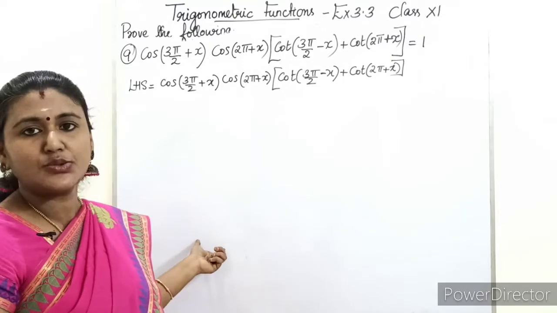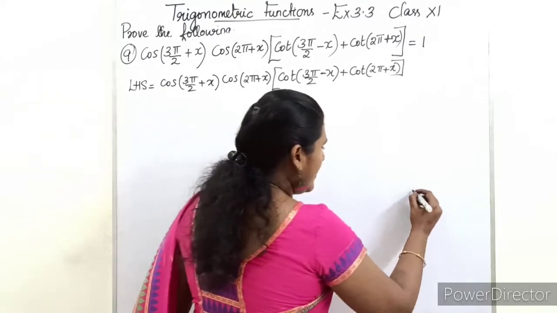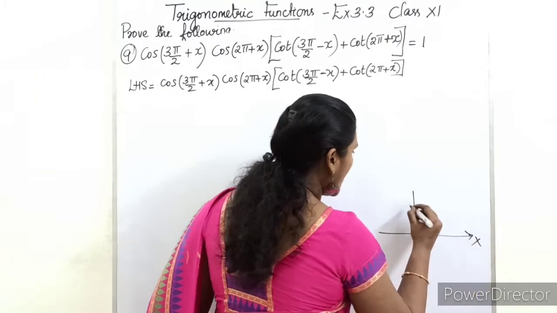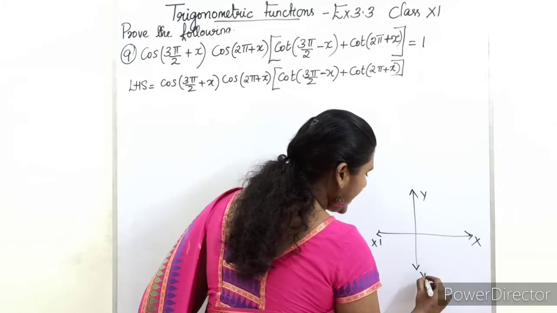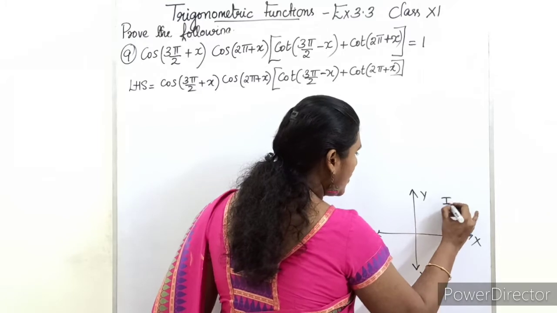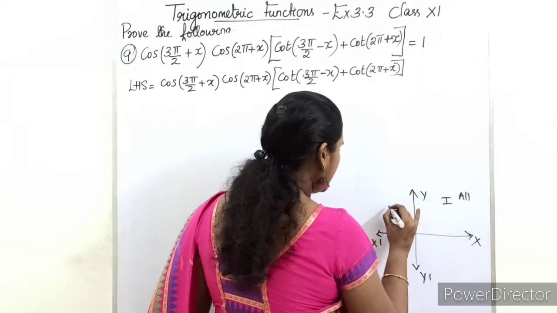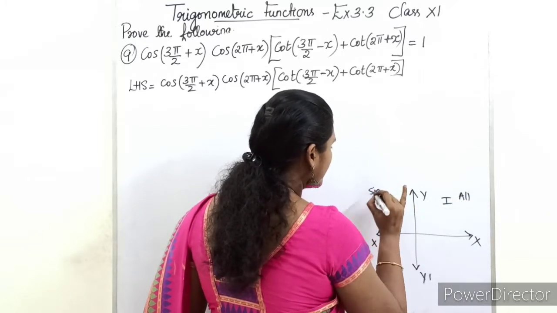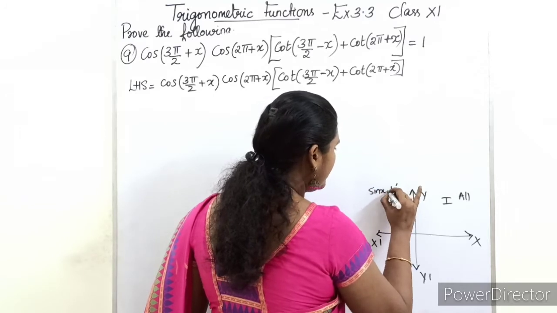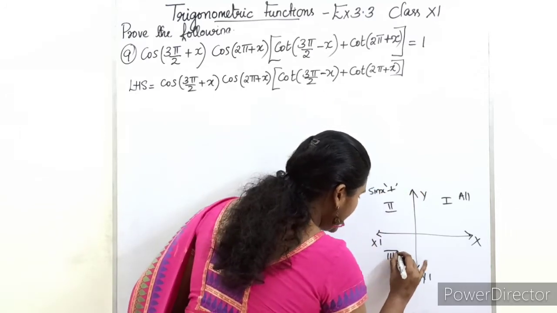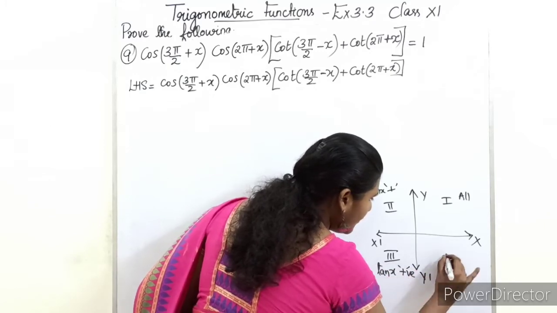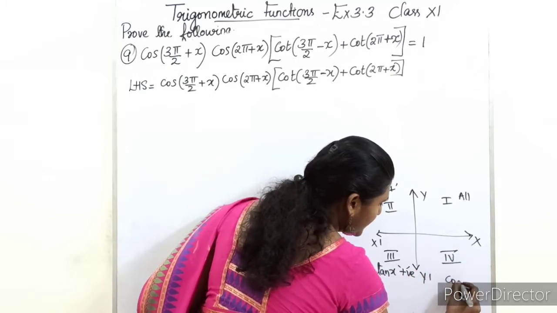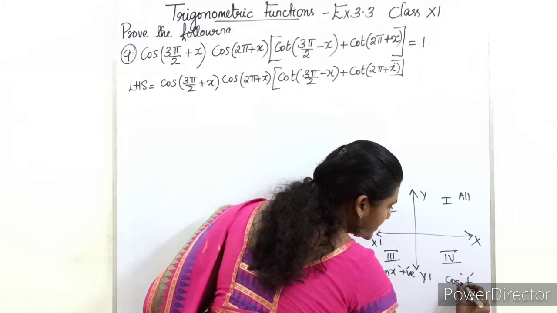Then we will substitute and simplify. So first we will draw the quadrant. It's x dash, y dash. Here in the first quadrant all positive, in the second quadrant sin positive, third quadrant tan positive, fourth quadrant cos positive.